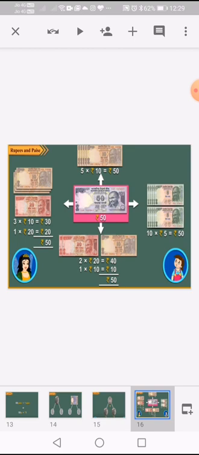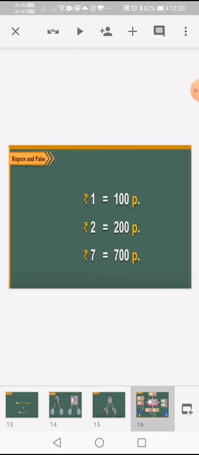Now look next, rupees 5. 10 notes of rupees 5, 10 into rupees 5, that is rupees 50. Now look, rupees 10. 5 into rupees 10 is equal to rupees 50. So in this way you can understand how to make rupees 50 with different notes.